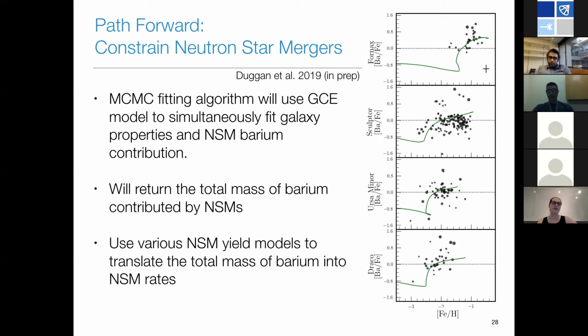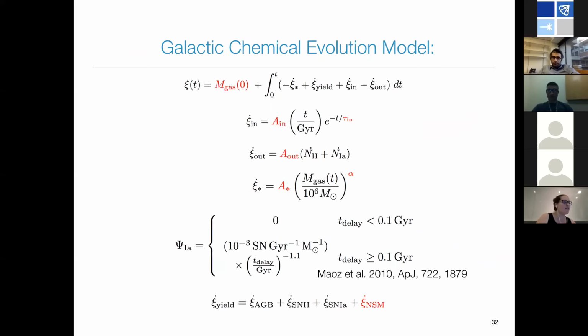Yes, they're all going off with the Maoz et al. delay time distribution. I have the functional form of that here, but pretty much I assume the same delay time distribution for all of them, and it's t to the minus 1.1. Okay, thanks. T to the minus 1.1.